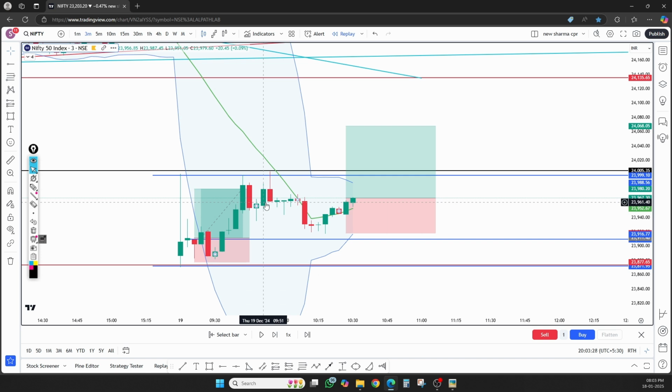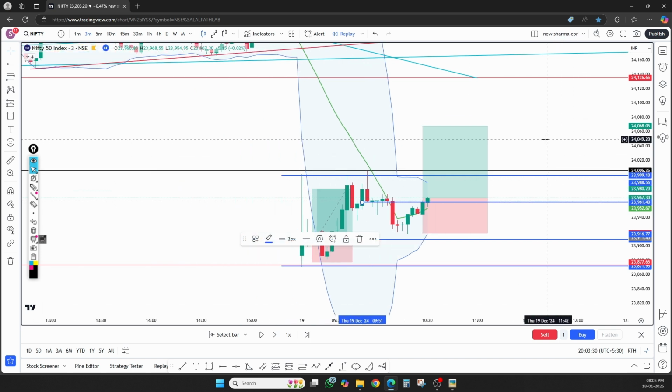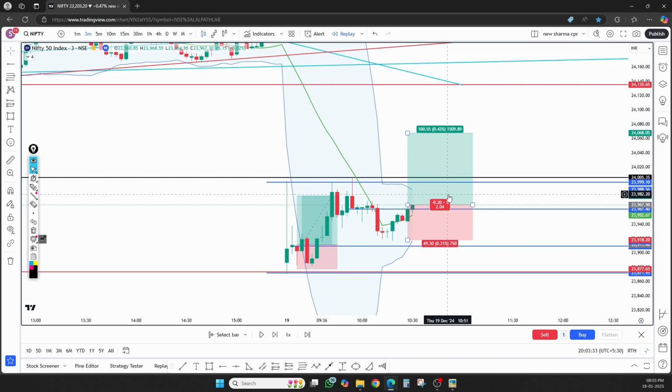See, this shooting star gives a rejection here, but it crosses above this. The second thing is that the moving average gives a particular reversal trade like here: a previous candle high breaks, and the next candle is not touching the moving average.